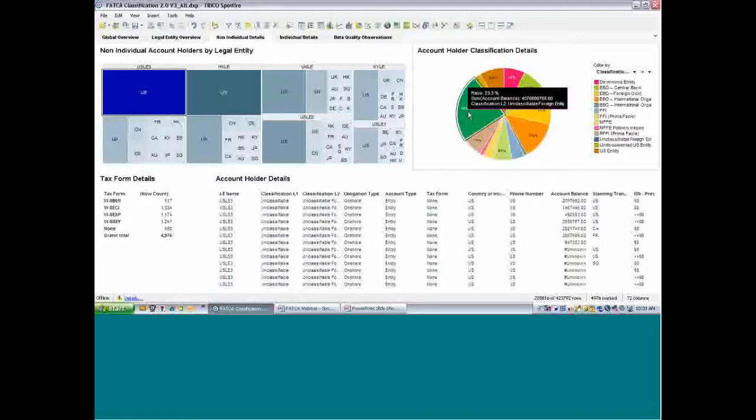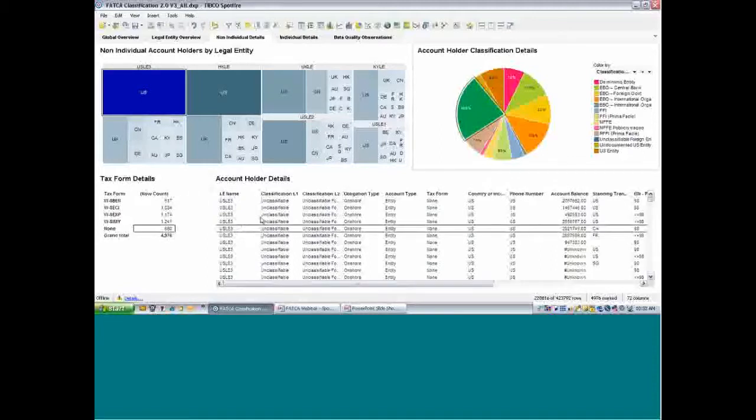So let's see what information we do have about these clients. From a tax form perspective, here is the breakdown of the 4,900 clients. Nearly 80% have tax forms, which is, if nothing else, a start in the remediation process.